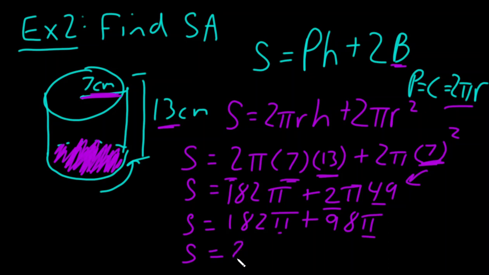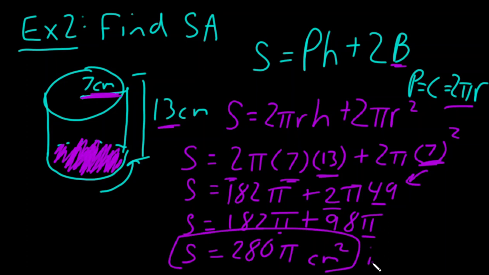And we're going to get our final answer is 280 pi. And I forgot my label last time. That would be 280 pi centimeters squared. Once again, if you want the decimal, plug in your calculator, 280 times pi. But this right here is the best answer. And we say that this is, once again, in terms of pi.